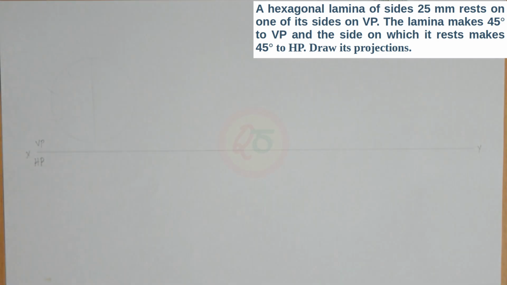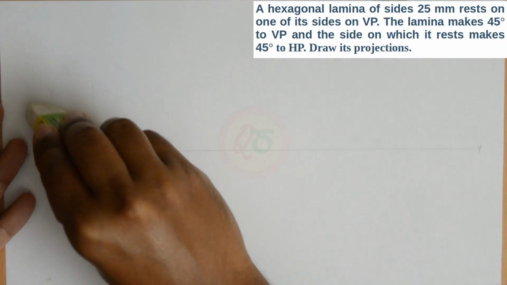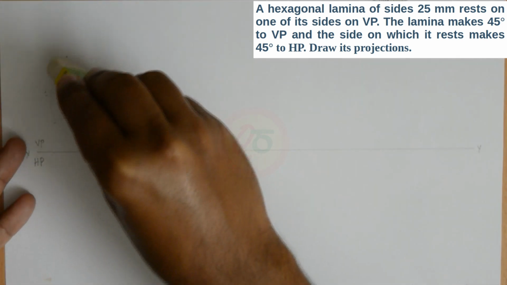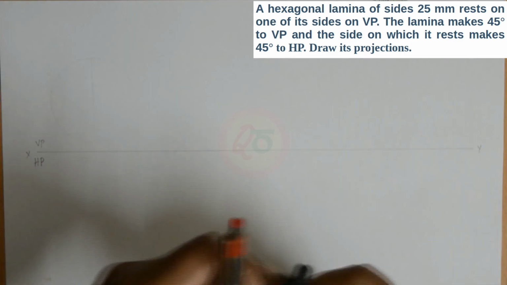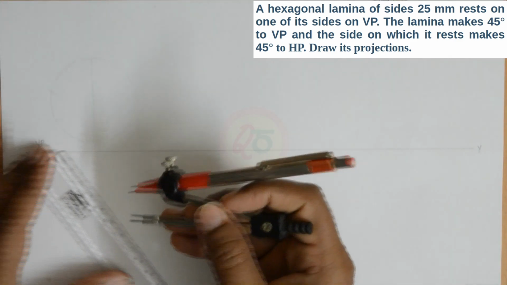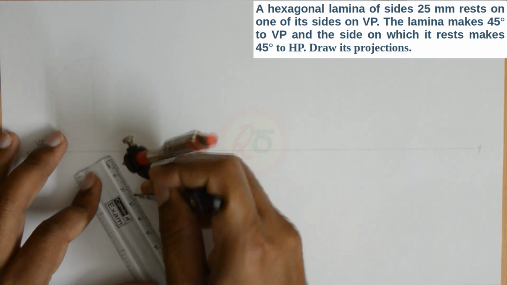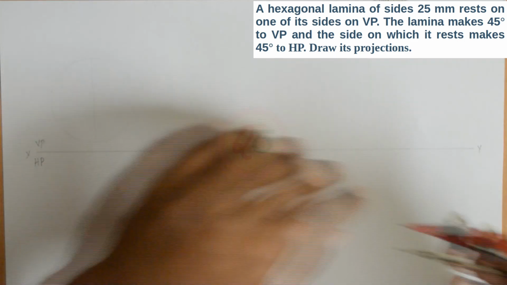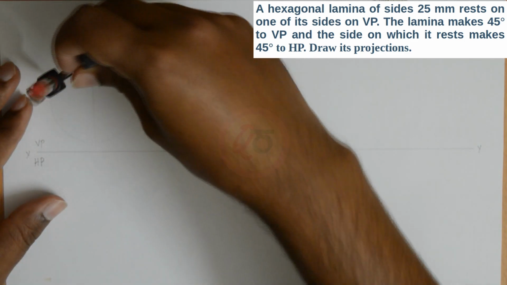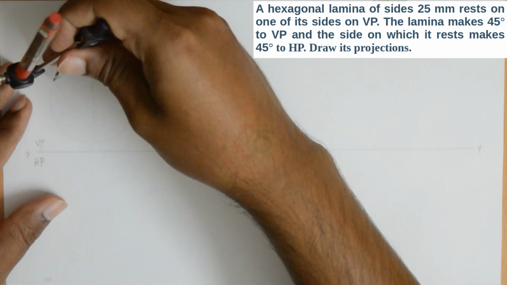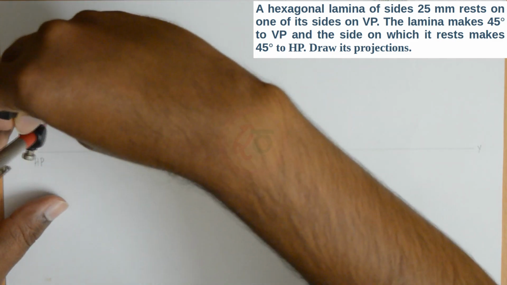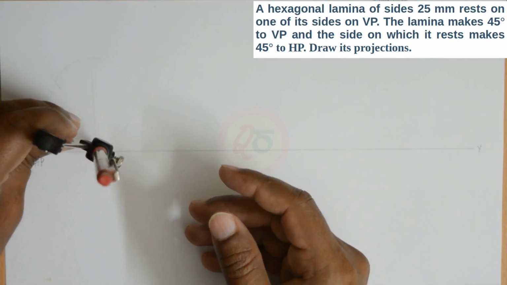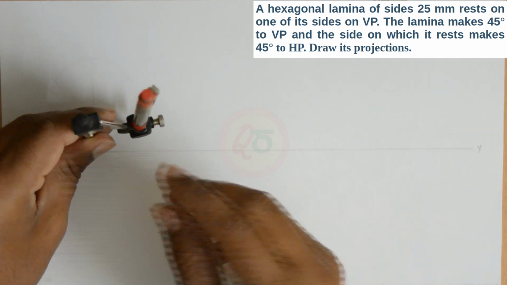Sorry, I need to take the radius measurement again, as the measurement has been shortened. The radius was 25 mm. From the top, cut an arc. Cut the second arc as well. Your third arc will fall on the diameter line that you have drawn. From that, again cut an arc.